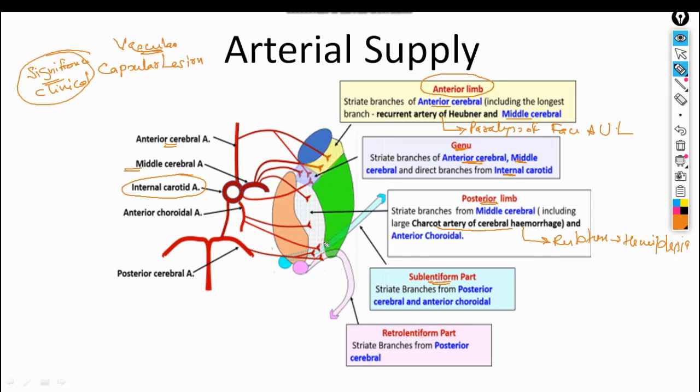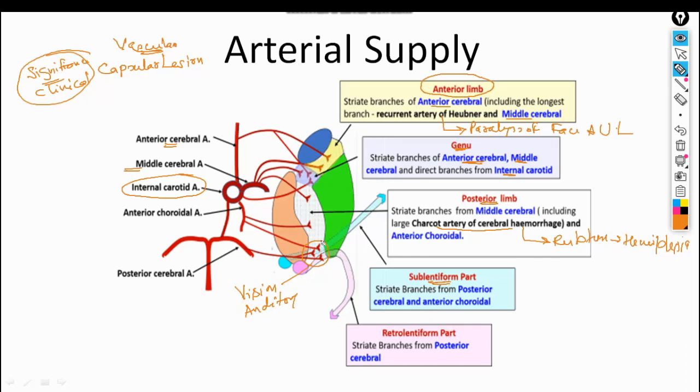So any vascular lesion in the posterior one third of the posterior limb will cause a defect in vision and an auditory defect, because, as you know, this one is going as the acoustic radiation, and this one is going as the optic radiation.